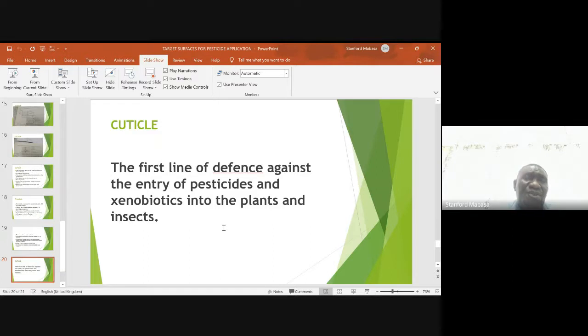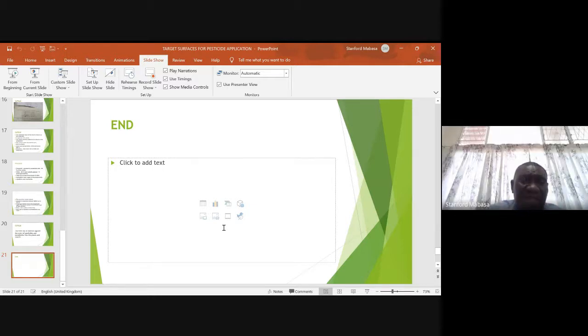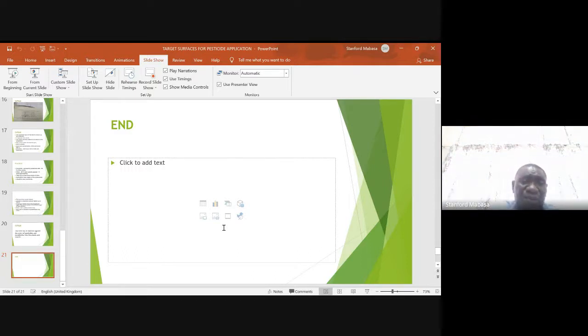So the cuticle serves the purpose of protecting the organism. So what it means is that if we spray pesticides onto plants or insects, the first barrier will be the cuticle.